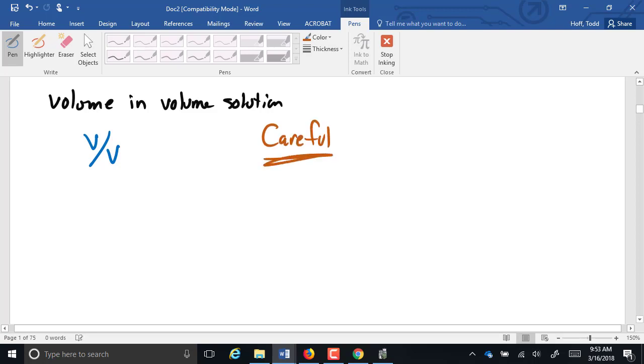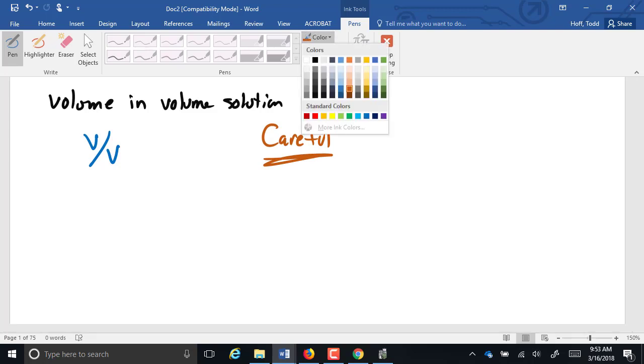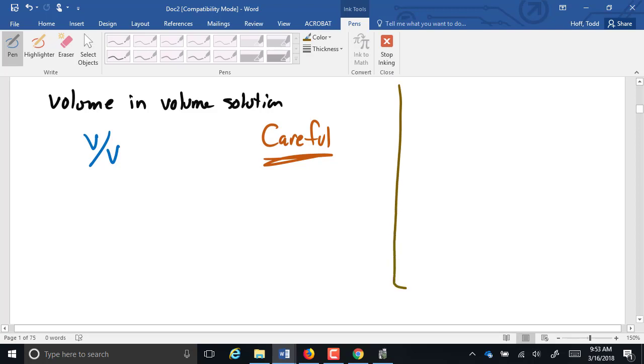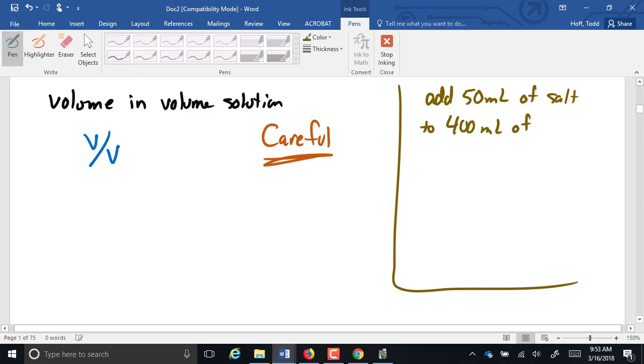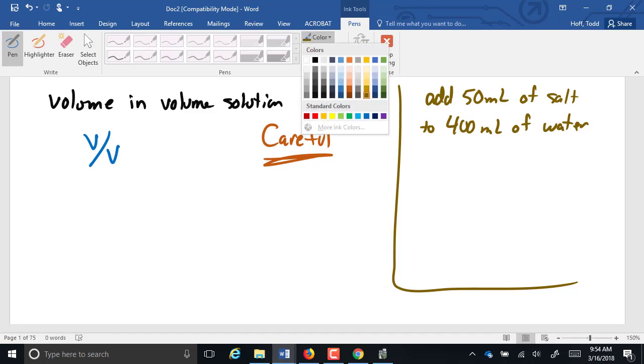The reason I say that is this, kind of a side note here. If you add 50 milliliters of salt to 400 milliliters of water, do you get 450 milliliters? No, try it at home sometime. It doesn't add up. You'll end up with like 430 milliliters.